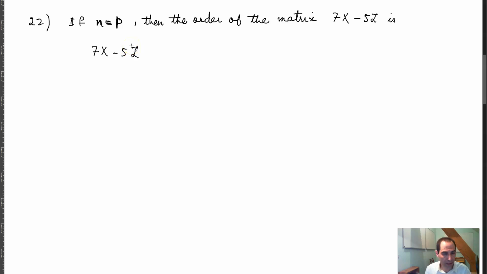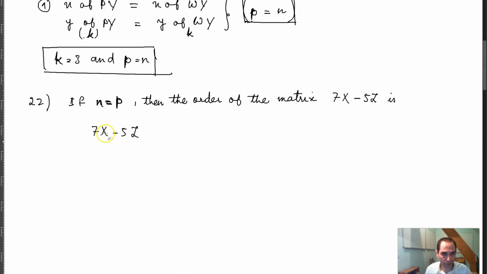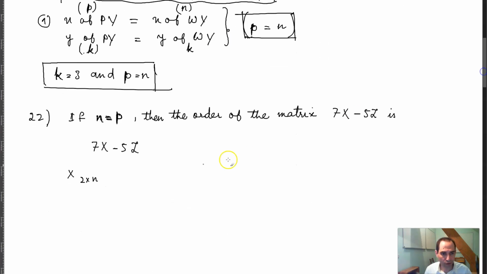These are scalars and they are therefore not important in the order of the matrices, right? So X minus Z: the matrix X is a 2 by n matrix, and Z is a 2 by p matrix.